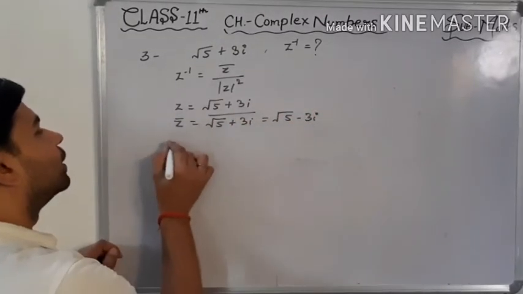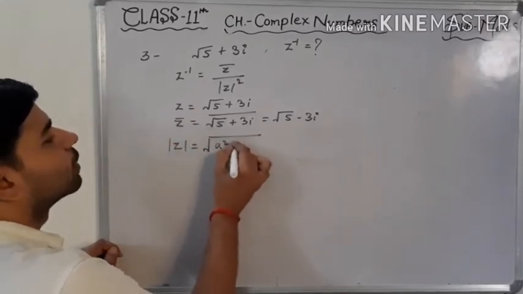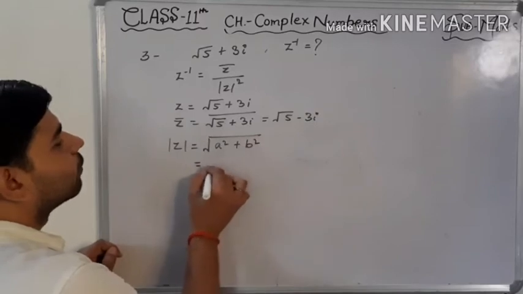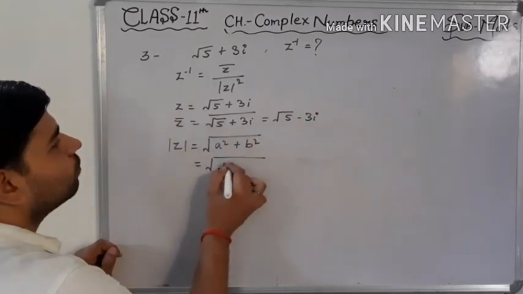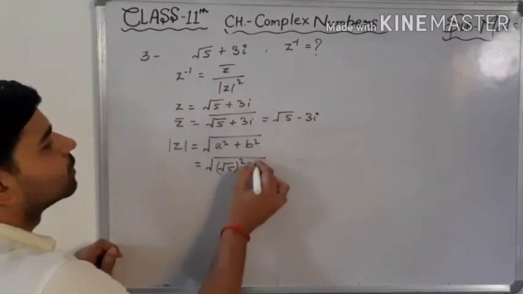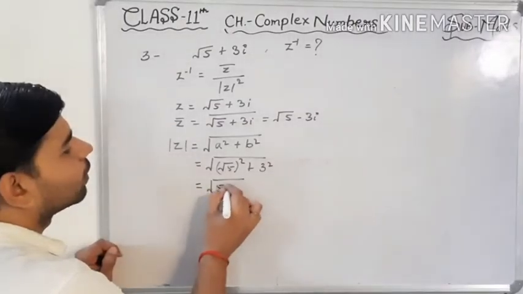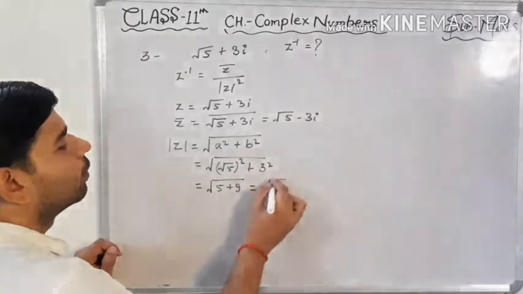Now mod of z equal under root a square plus b square, equal under root, a is under root 5 and b is 3, whose square, equal under root 5 plus 9 equal under root 14.